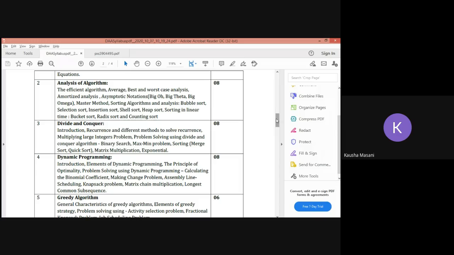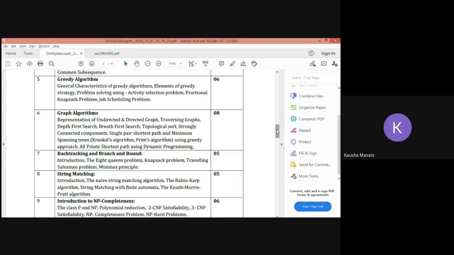Fine. So that we are going to see. Then we go to the greedy approach. How greedy approach and dynamic programming differ, you are going to see by the general characteristics of greedy algorithms. What are the elements of a greedy strategy? How you can solve different problems using greedy algorithms or the greedy approach. Okay, that we are going to see.